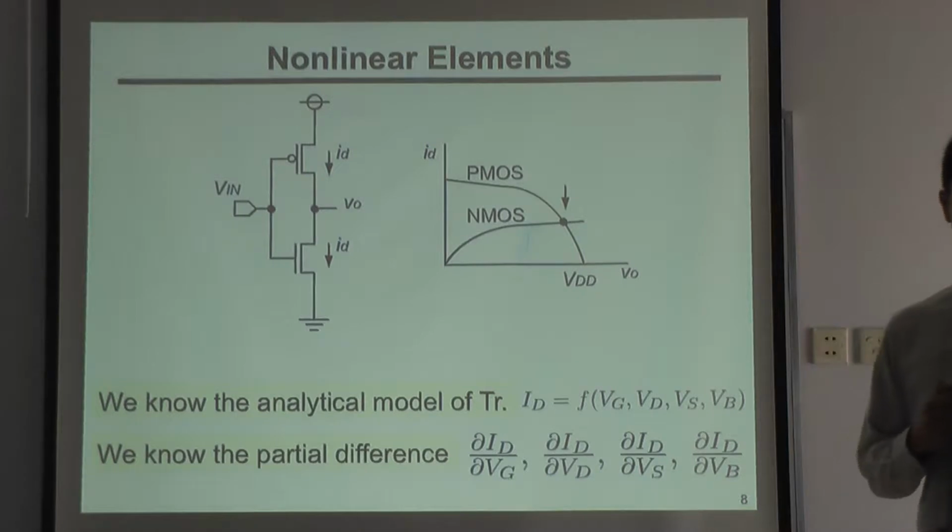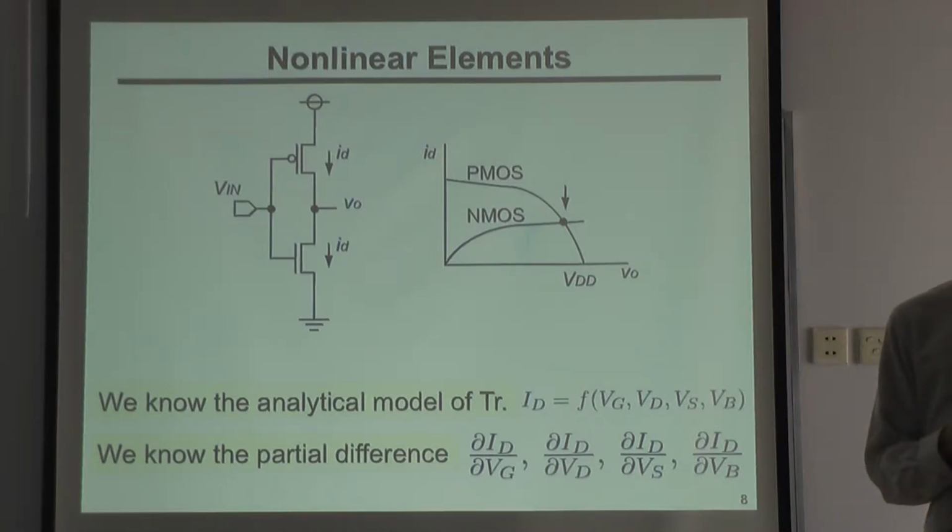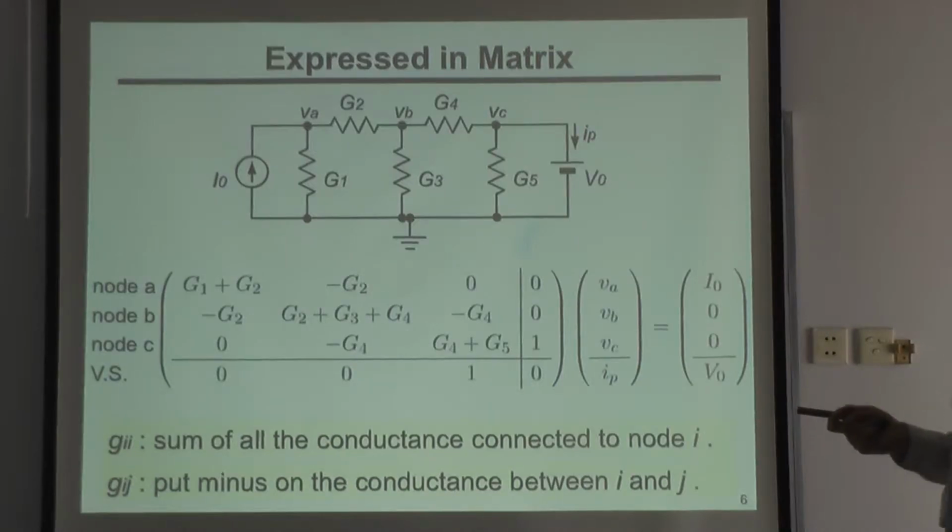So in this case, for example, if we have only resistances like here, we form this modified nodal analysis matrix, calculate the inverse of this matrix and apply it to the right-hand side.